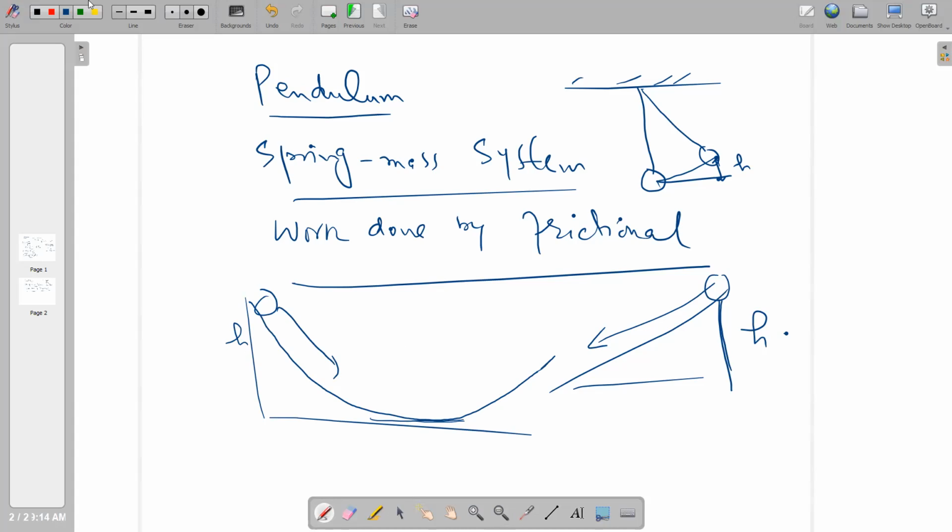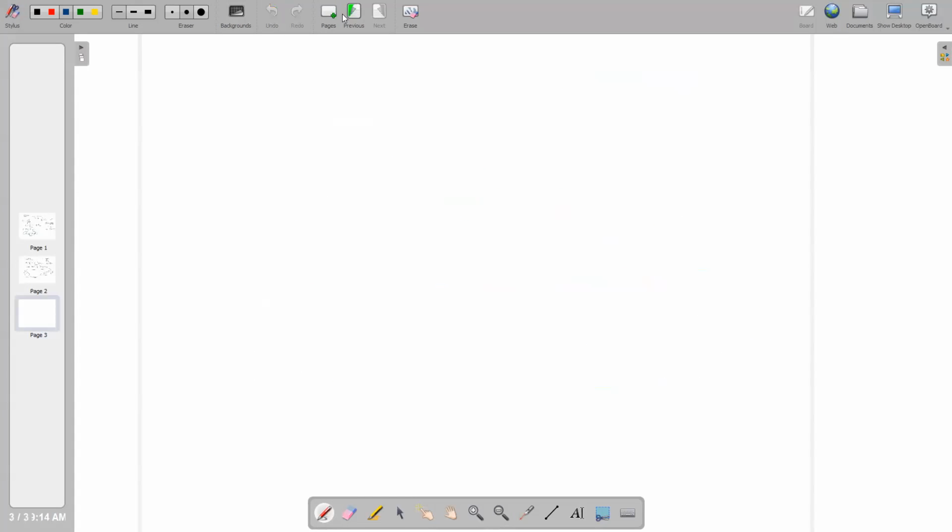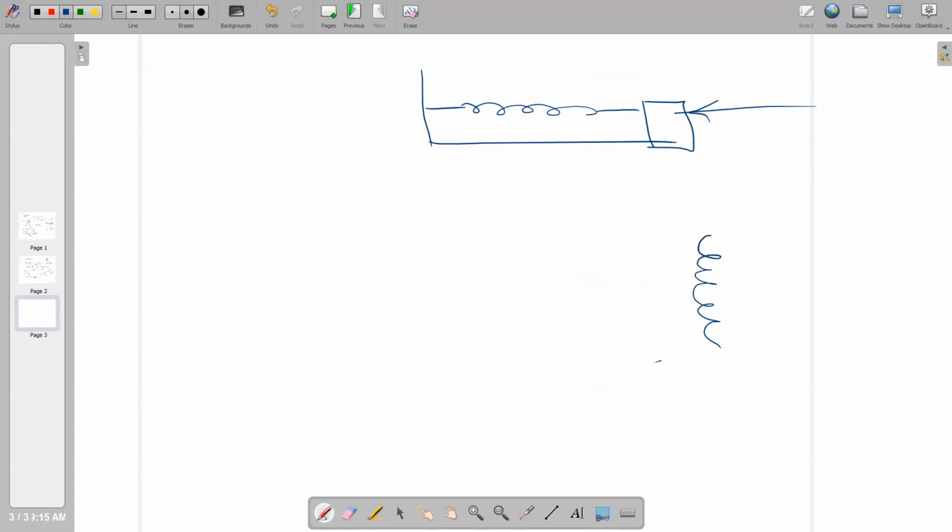And also we will discuss the horizontal case, where the spring is like this one and it is attached to the block and the force is applied in this way. And also the spring is in the vertical position and a block is falling on it and it is compressed by some distance x.